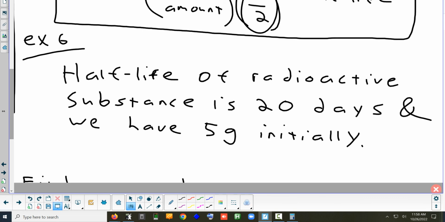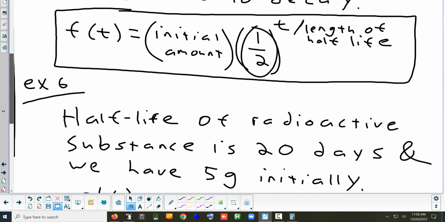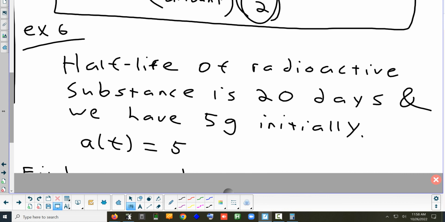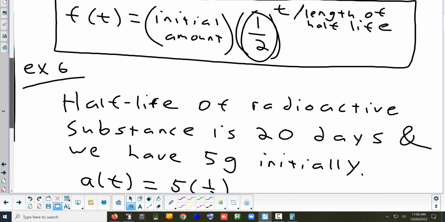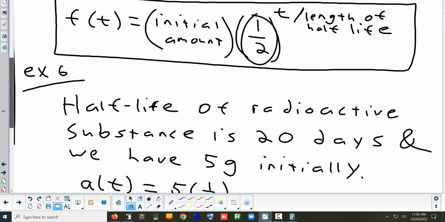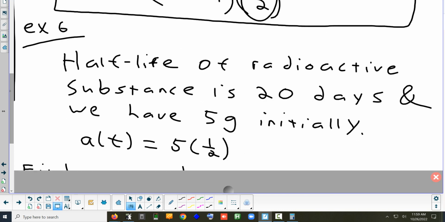Okay, so let's figure out our formula. What's my initial amount? 5 times 1/2 to the, what's my exponent going to be? T divided by 20.